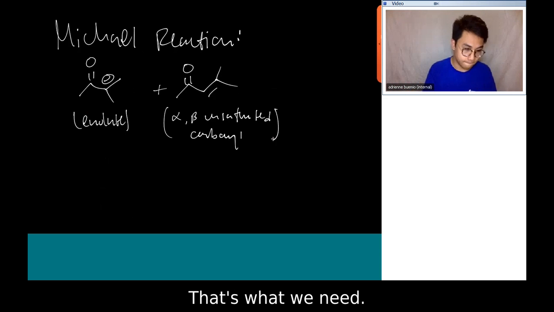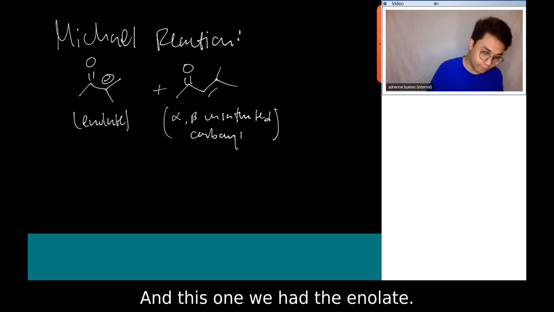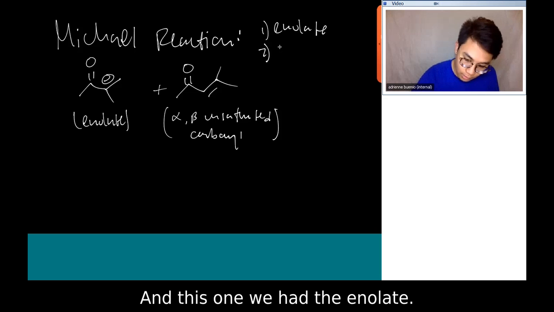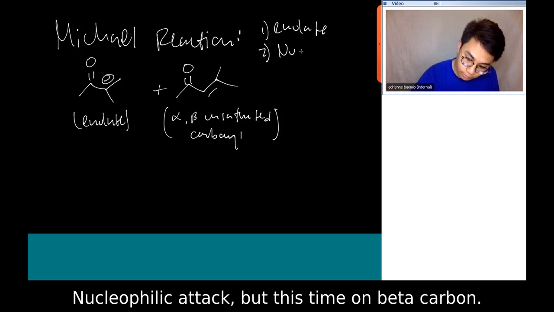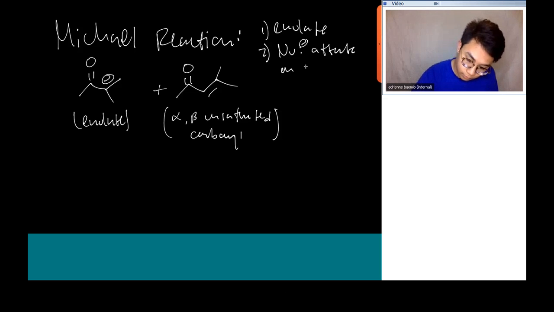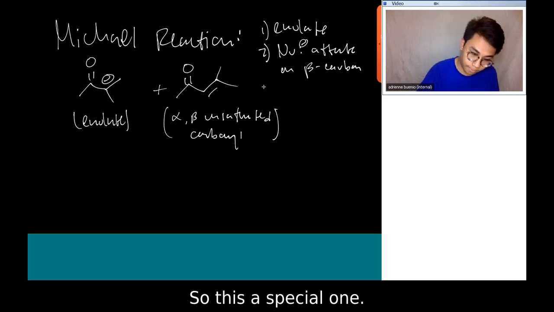That's what we need. And with this one, we have the enolate, then nucleophilic attack, but this time on the beta carbon. On the beta carbon. So that's a special one, right?